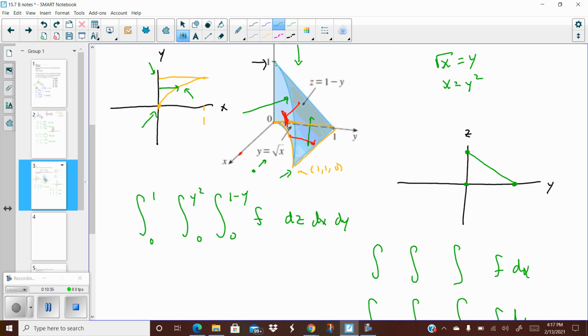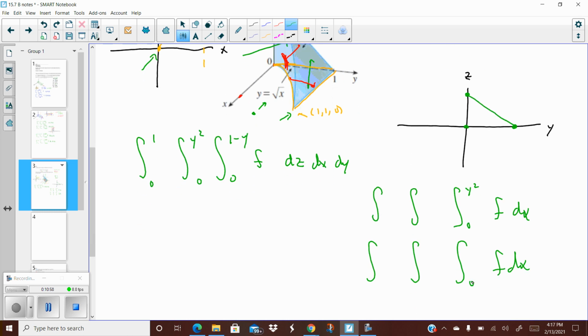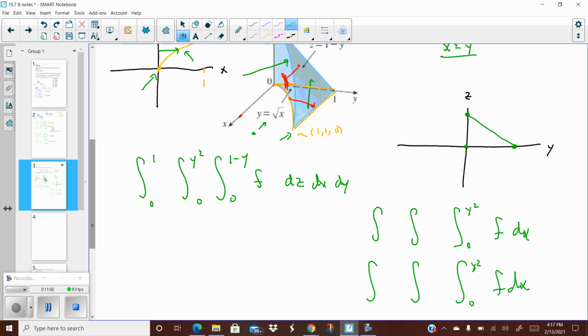And that curved piece is defined by y equals the square root of x. So we know x is going to go from 0 out till it hits y equals the square root of x. But again, you want to solve that in terms of x, which we've already done. So it's going to go out to y squared. And it's going to be the same in both cases.